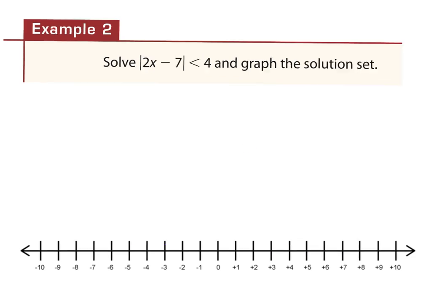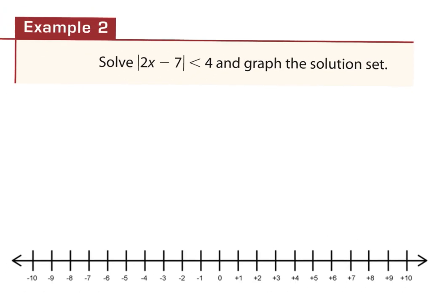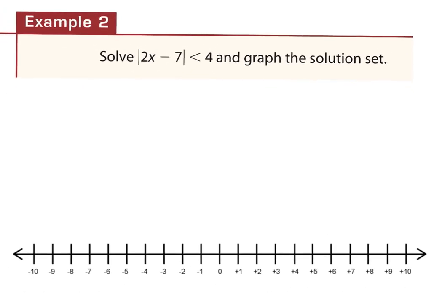When we look at something like this, though, it's not as clear because we now have stuff going on inside that absolute value. We do know that we want it closer than 4. So this creates an and problem. So if you'll just remember that your greater thans create your or and your less thans create your and, then you're going to set up that inside piece exactly the way it was given to you, but it'll also be larger than the opposite.